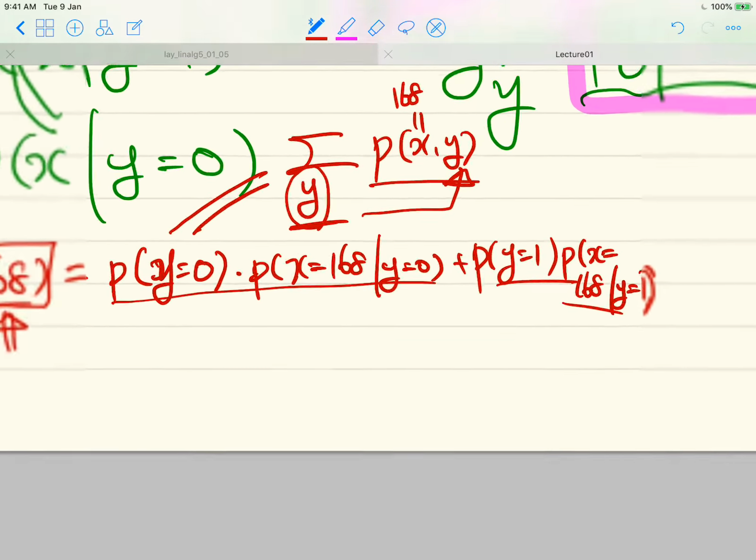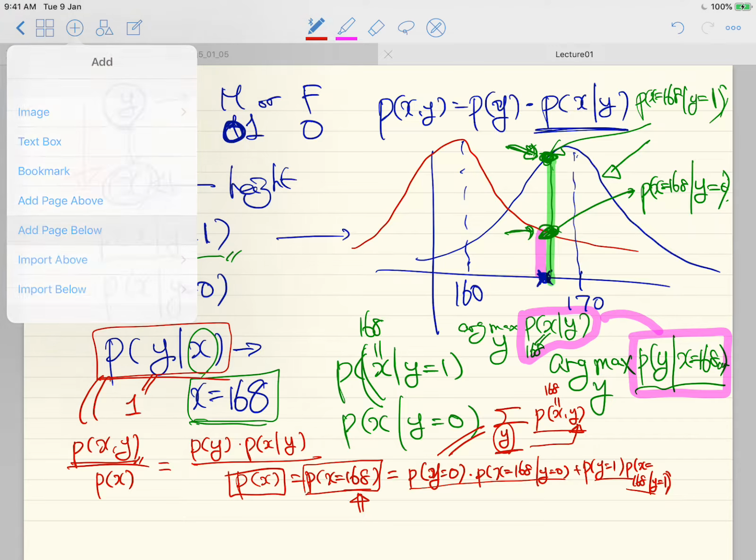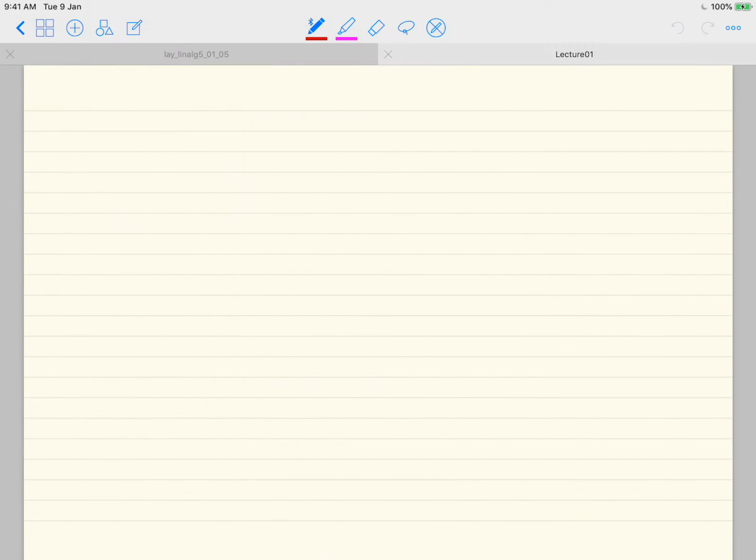I'm running out of blank page, but we know that if we sum p of x, y over all the possible y, then we obtain this marginal distribution over x.